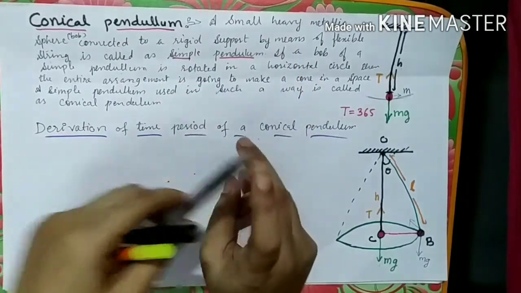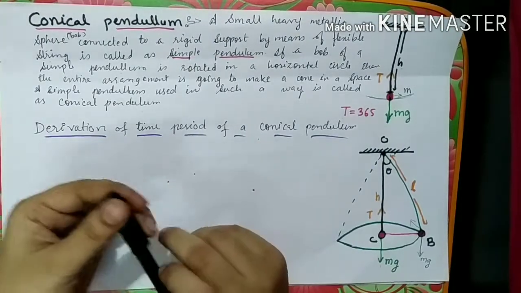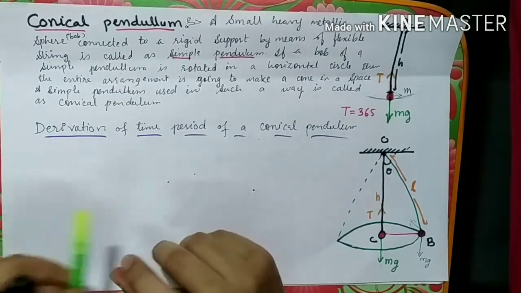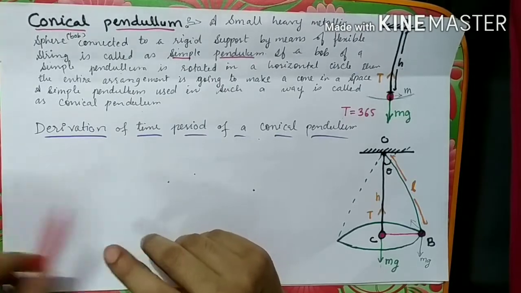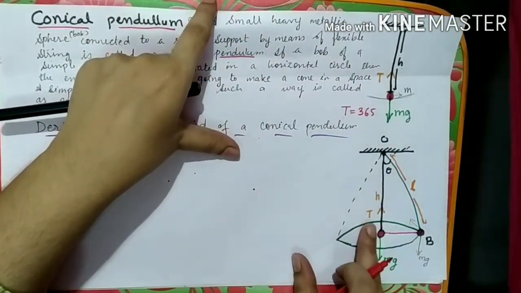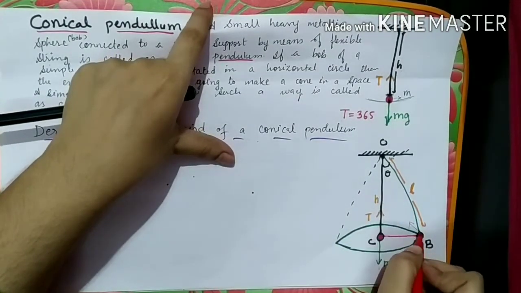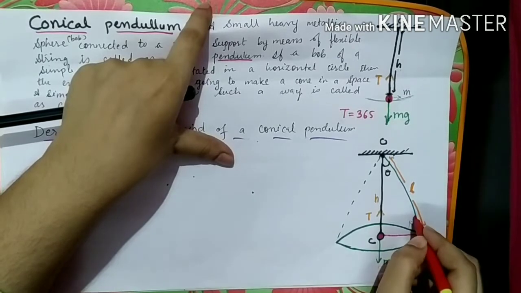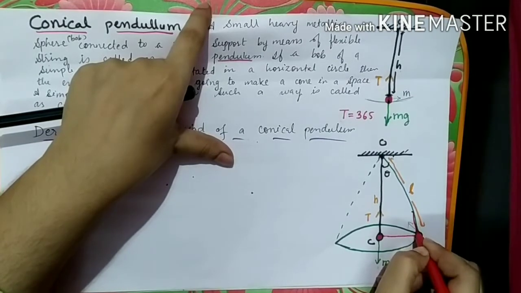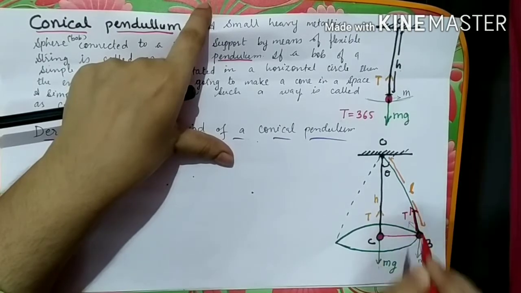Now second thing, what is our point of concern over here? Tension T. This time tension T is not directed in the same direction because tension T will always be along the string. So this tension T is directed in this direction along the string.